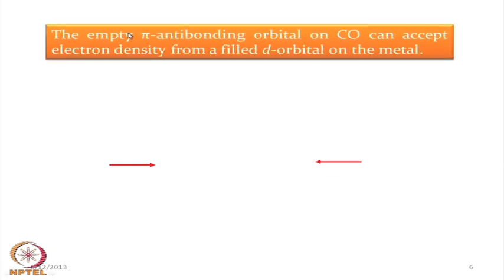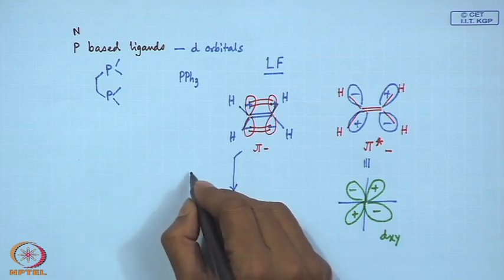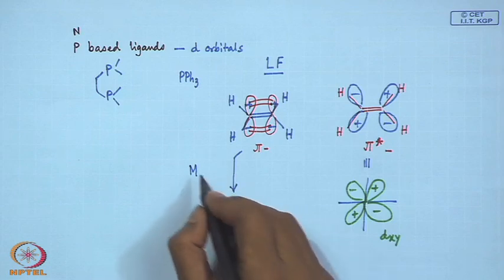So, what we see therefore is the empty pi antibonding orbital, not only for CC bonded species like ethylene. Why are we talking so much about this ethylene molecule? Because the ethylene molecule is a very interesting molecule for some of these reactions where it can have some interaction with the metal center.